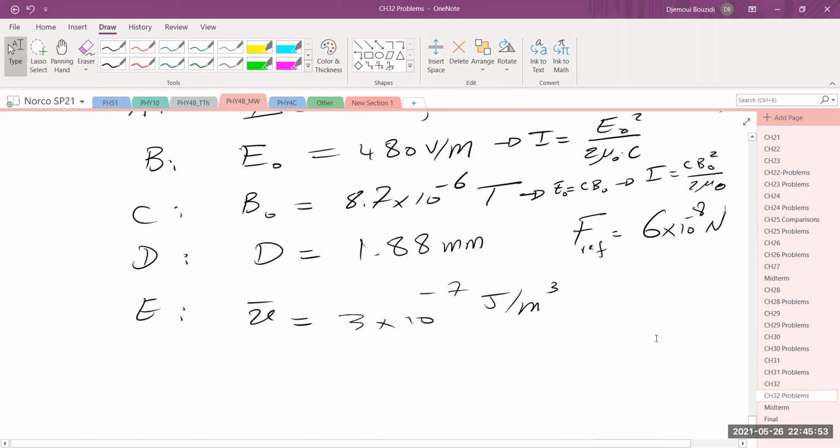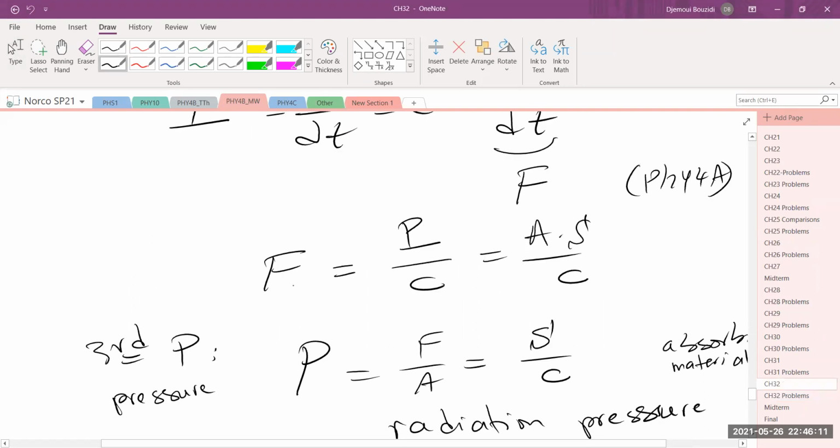So this is D, okay? It's A. And A is pi times D over 2 squared. Oh no, I need to solve this equation. Let me go back into this expression here. Since I have F now, I need to find I. So I is equal to C times F divided by A. So that is the expression I need to use in here.